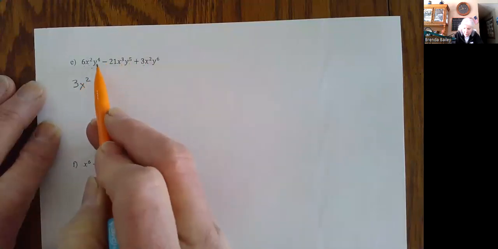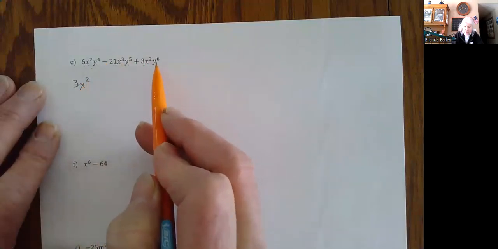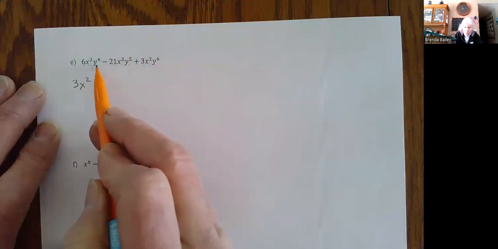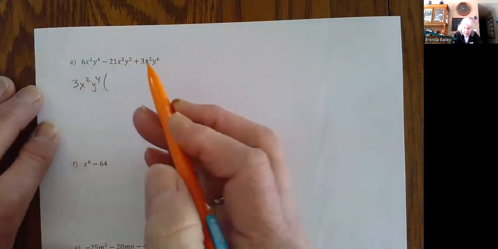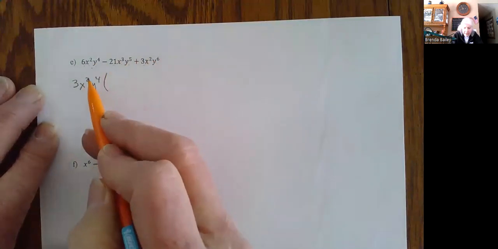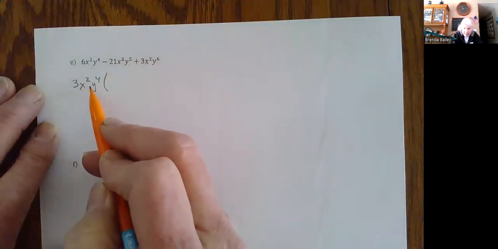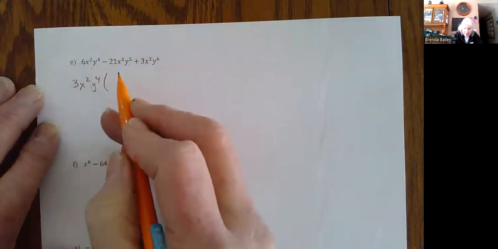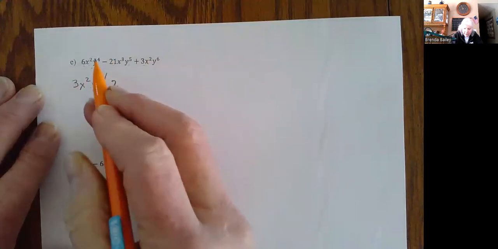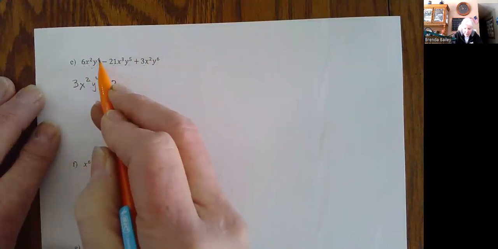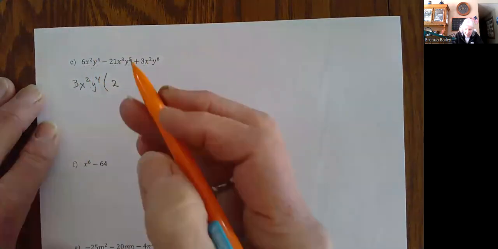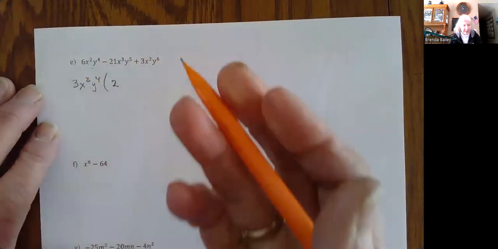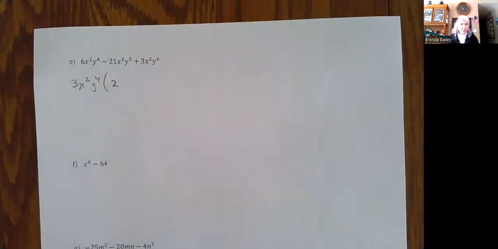Y to the 4th, y to the 5th, y to the 6th. I'll do a y to the 4th, that's the smallest. So when you take this divided by this, you're going to get 6 divided by 3 is 2. And then the x squares cancel, the y to the 4ths cancel because when you subtract them, you get a 0, which is anything to the 0 power is 1.